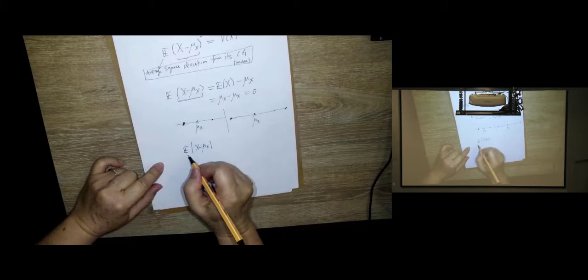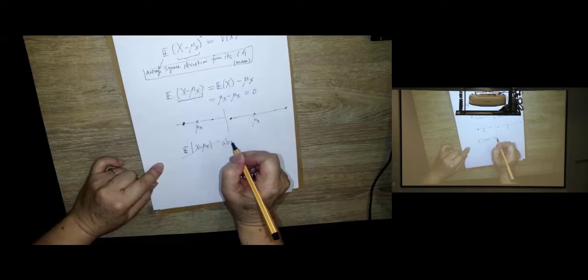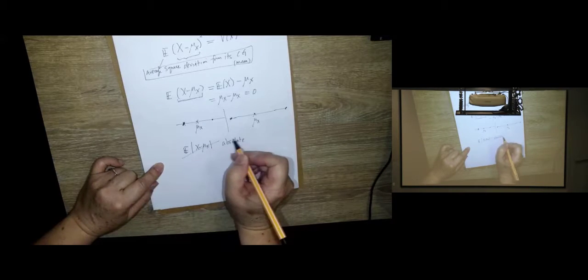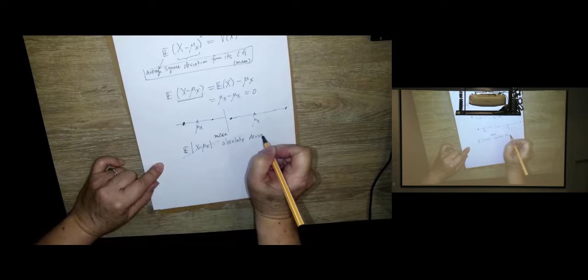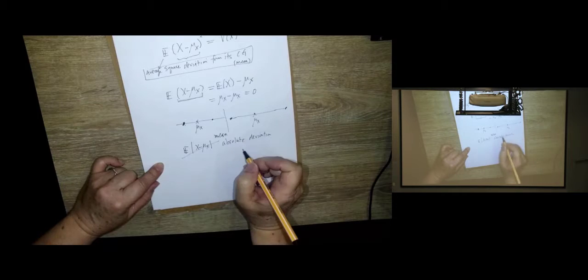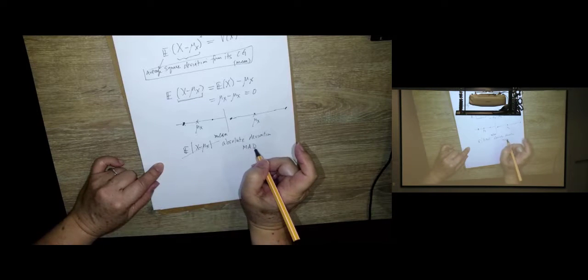But people recognize this is very difficult to compute, because you can't remove the absolute sign very easily to do calculations. This is called the mean absolute deviation, and sometimes people call it MAD, all right? Okay, it's really MAD.